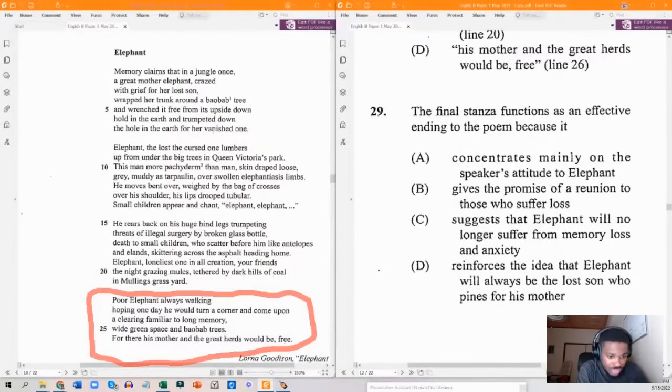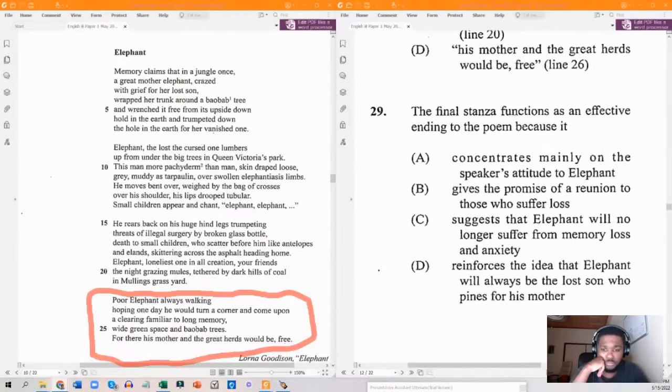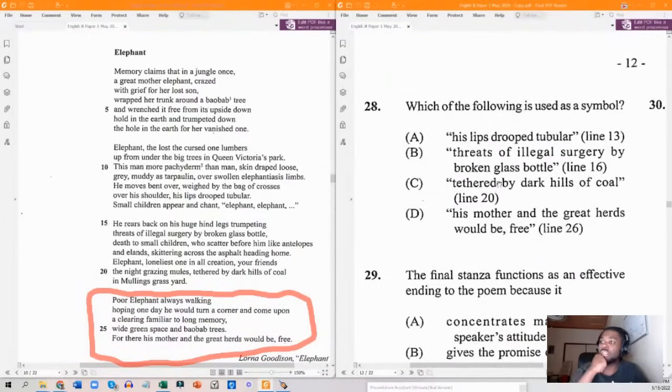Could he be represented as broken glass? What does this question mean? Oh, you mean for B here? Let's see. Threats of legal surgery.